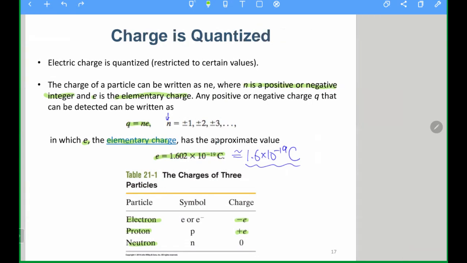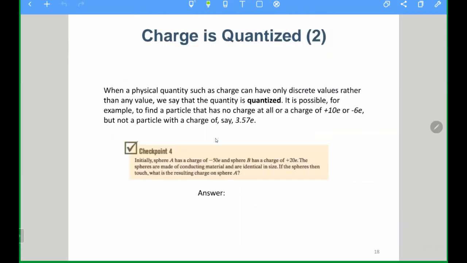When a physical quantity such as charge can only have discrete values rather than any value, we say that the quantity is quantized, 量化, or in physics it is called 量子化.